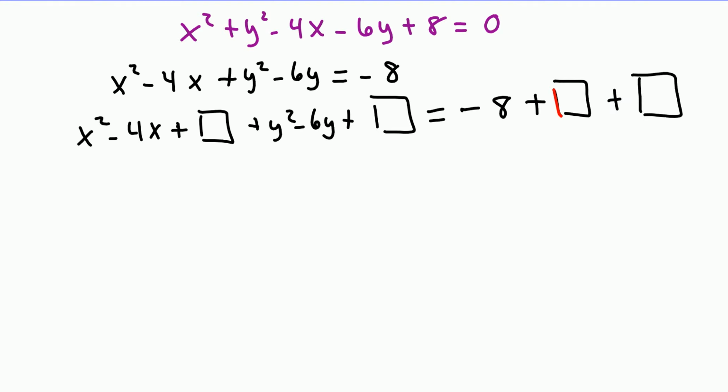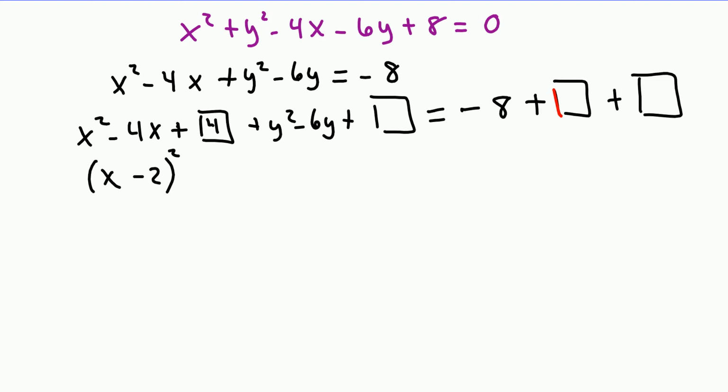So we're going to do the completing the square method for the x's, and then we're going to do it for the y's. First thing we do, we draw our parentheses and bring down our variable. And then we say, what is half of this number? Half of -4 is -2. And then we square it. What's -2 squared? 4.